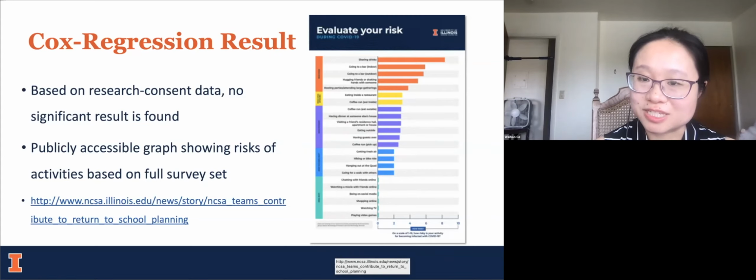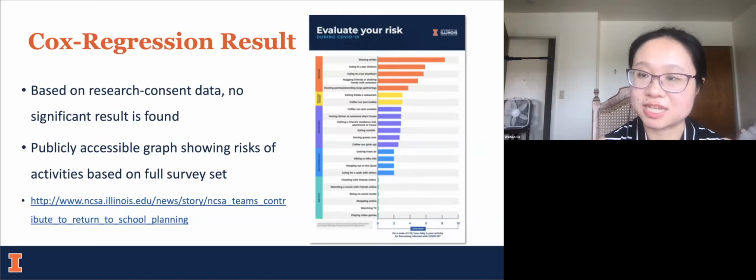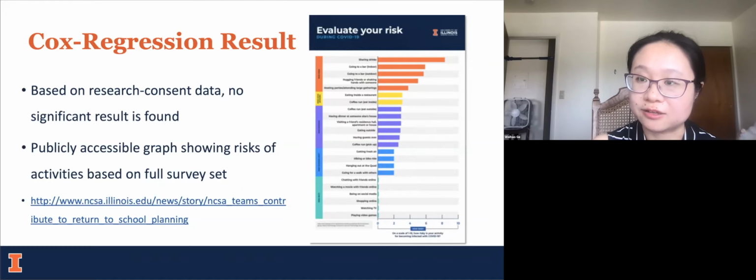For these activities, they are kind of different from the questions we answered in the survey. So what we did is to map the risks onto different categories. And we also discern if, for example, a person goes to the gym with or without the mask, we simply multiply the hazard ratio to calculate if it's helpful to take the safety measure if you want to take a relatively risky activity.